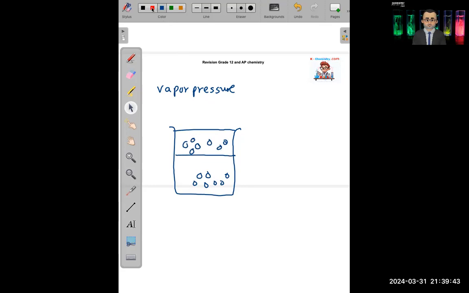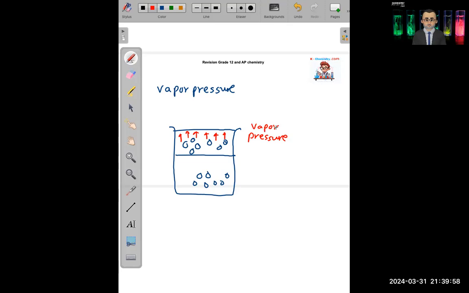Gas particles keep colliding with each other and with the walls of the container from inside, causing pressure on the walls. Because this comes from liquid changing into vapor, it is called the vapor pressure.